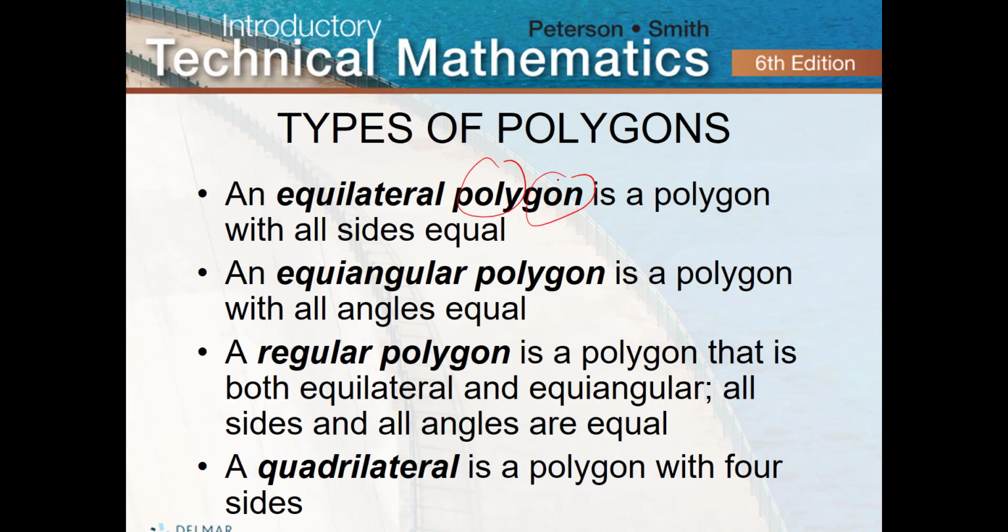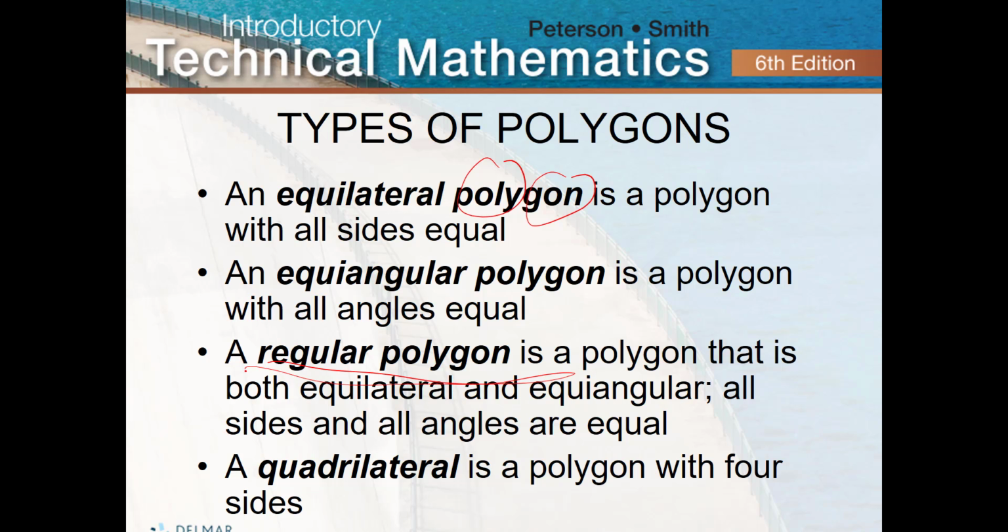So many sides. Equal angular is a polygon where all angles are equal. A regular polygon is a polygon that is both equilateral and equal angular. All sides and angles are equal. So a square would be considered a regular polygon.